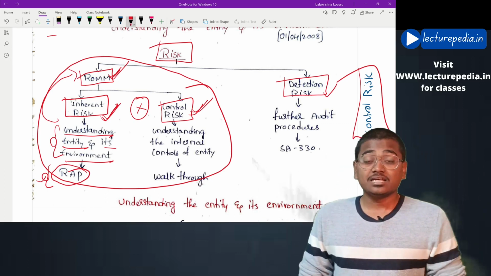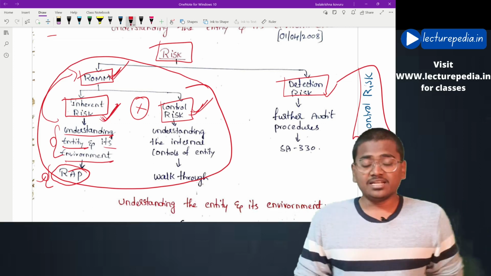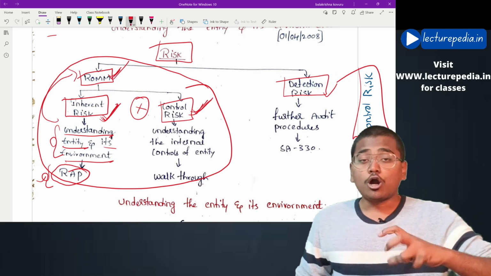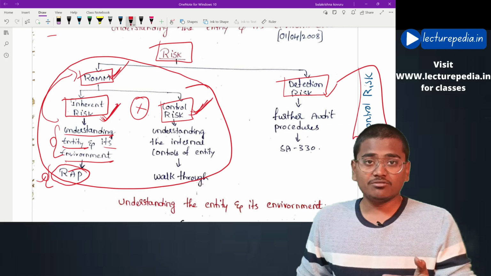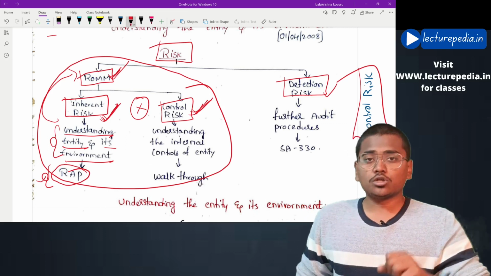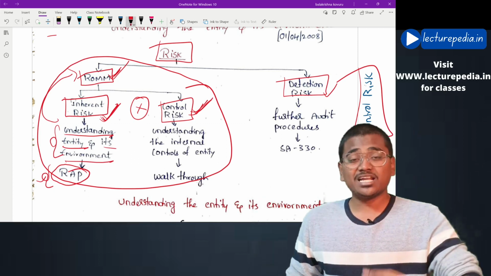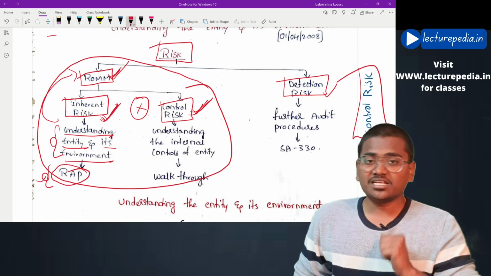and assess inherent risks. After identifying inherent risk, the auditor will conduct a walkthrough of the controls. First of all, he will check whether the management has established controls or not. If the management has established controls, whether those controls are working effectively or not.